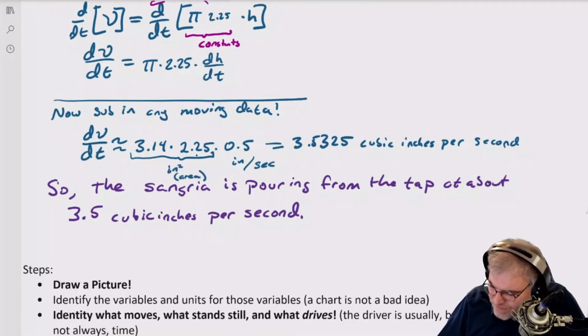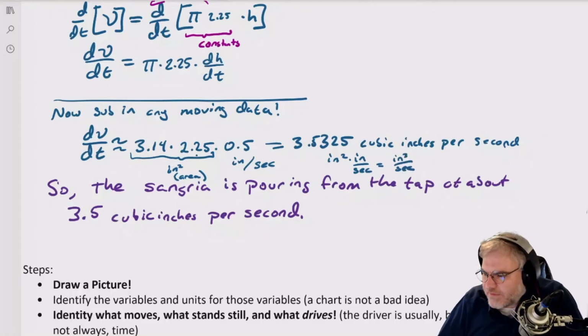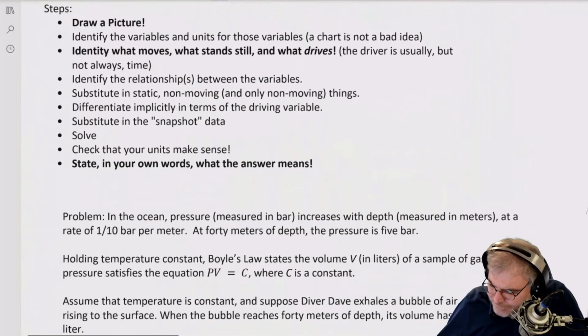And this is inches, so I got inches squared times inches per second, which equals inches cubed per second. So it makes sense. Okay, perfect. All right.